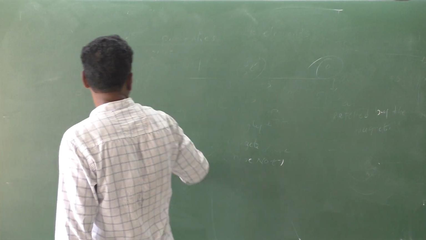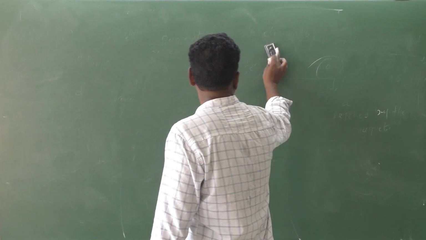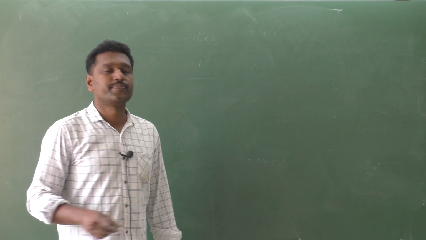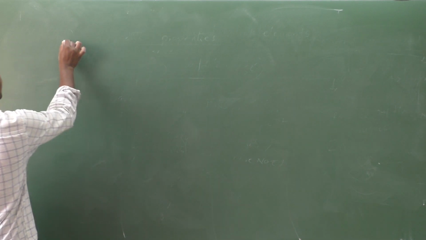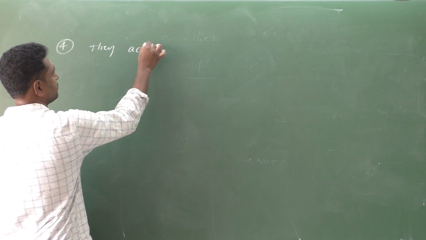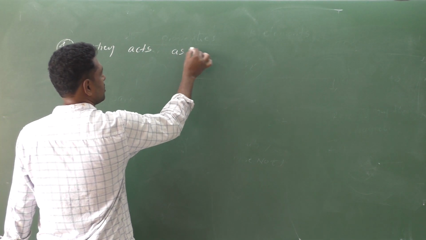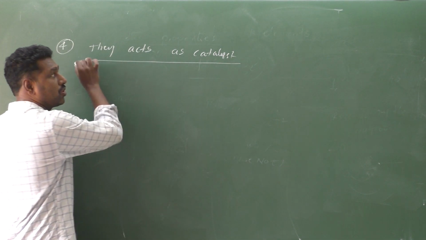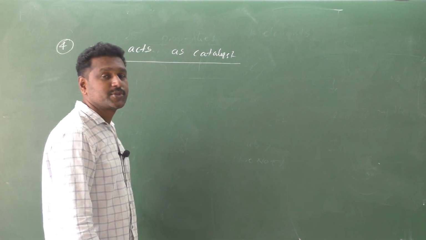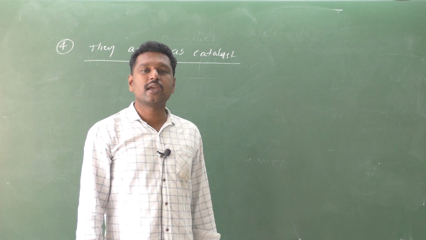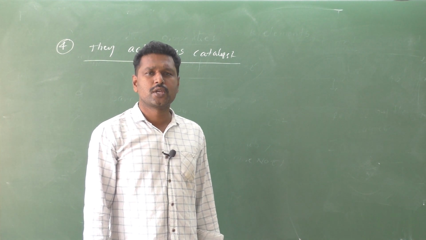Fourth property: they act as catalyst. So what is a catalyst? The substance which does not participate in the chemical reaction but increases the rate of reaction.